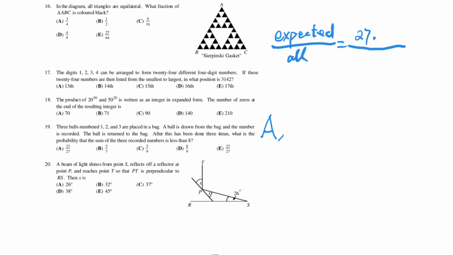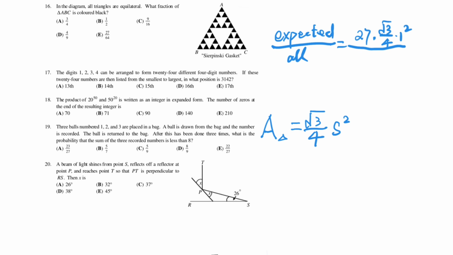The equilateral triangle area equals root 3 over 4 times side length squared. So side length there is the unit 1. So for 1 square, root 3 over 4 times 1 square. That's all the black triangle area.